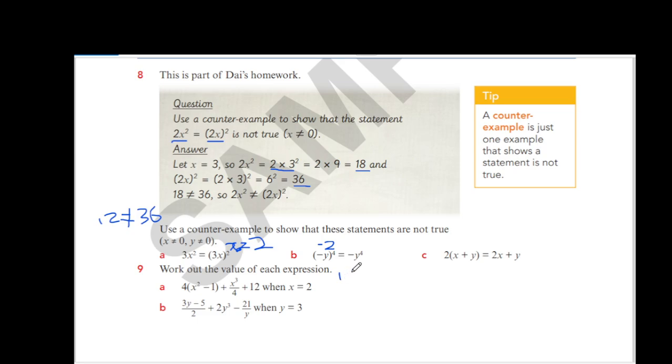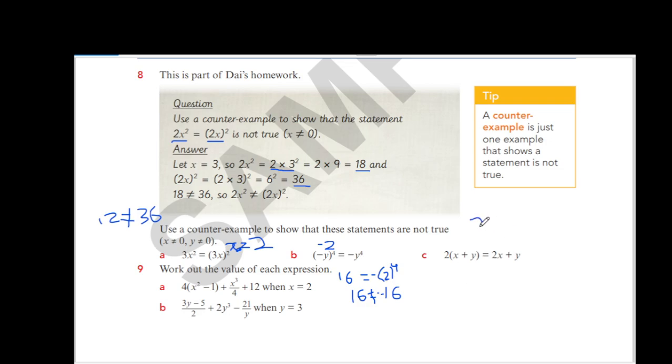It will be positive 16, and if the minus is outside of the bracket, minus 2 raised to power 4 is equal to minus 16. So the right side is minus 16 and the left side is positive 16. So this expression is also not equal.